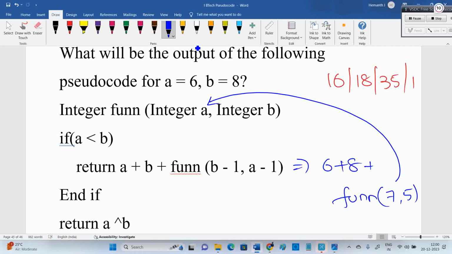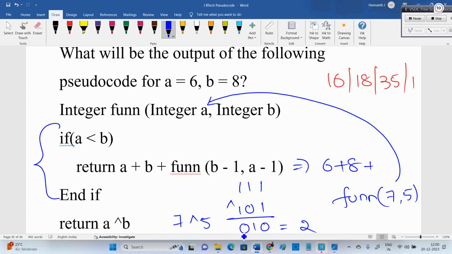No. Then what you have to return? XOR operation, 7 XOR 5. So 111 XOR with 101 is nothing but 2. So this is giving 2 to me. So 6 plus 8 plus 2 is the answer.